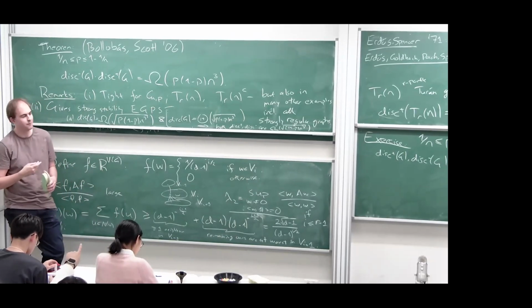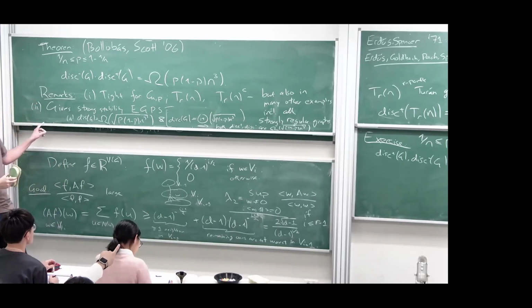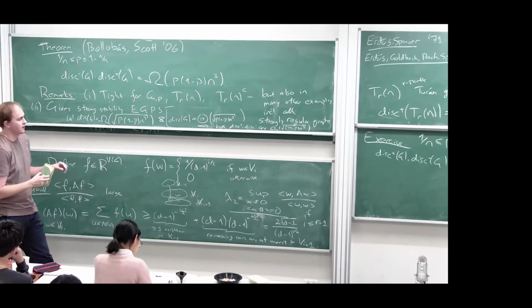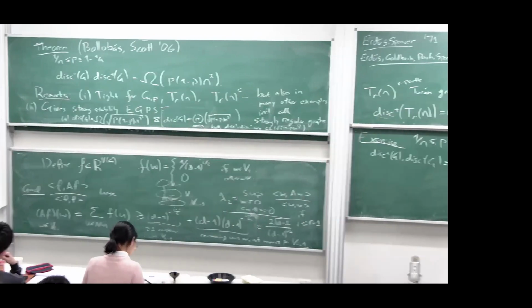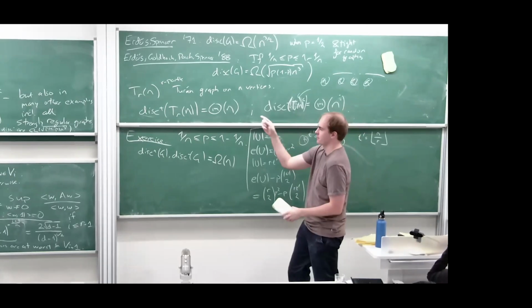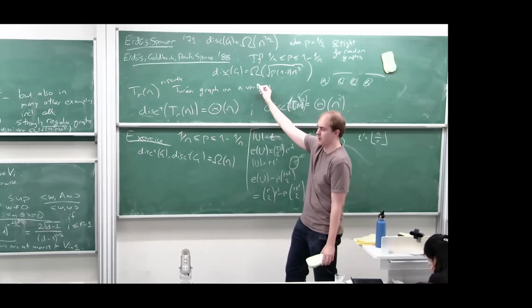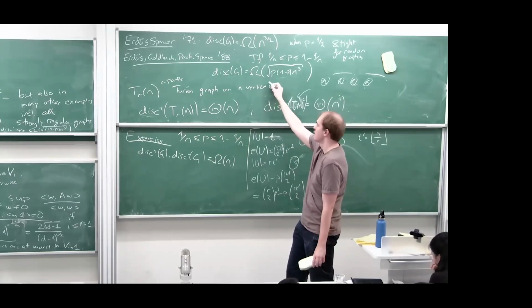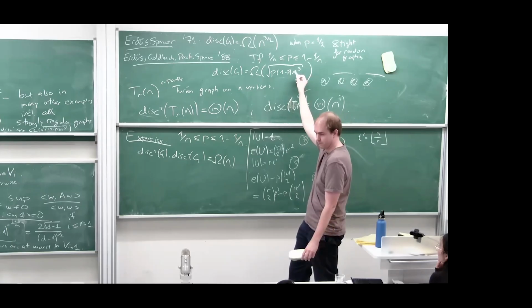Well, I missed what you just said. So if G has discrepancy of order this. Yeah. So if G is tight for this lower bound, remember that it's also a consequence of this Bollobás-Scott inverse theorem. The largest one of positive and negative discrepancy is always at least p times 1 minus p times n squared, or the square root of it.